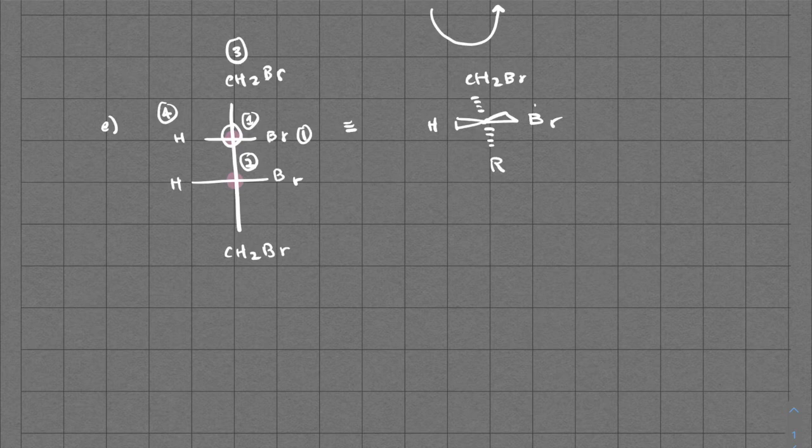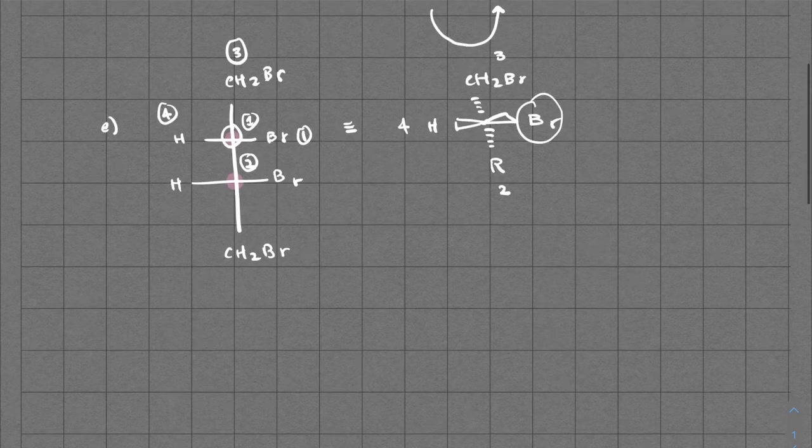And because our first priority atom is facing towards us, we can try to find the configuration simply without having to manipulate the bonds. So it goes 2, 3, 4. It's rotating that way. So it's going to be S configuration.